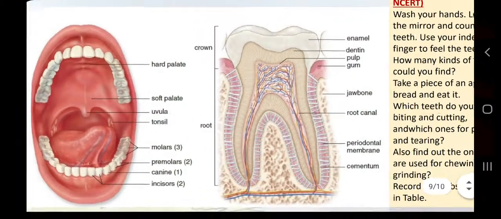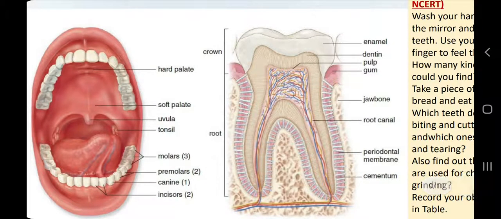I have a small assignment for you before I make the next video on the human digestive process. You need to look in the mirror at your buccal cavity, and before doing this activity you must wash your hands. Then after washing your hands, you need to feel your teeth, count your teeth, and feel the shape of your teeth.